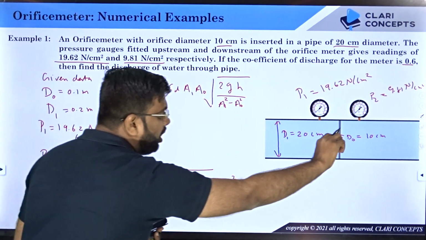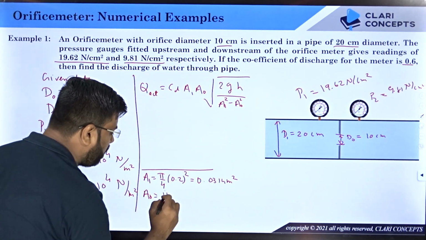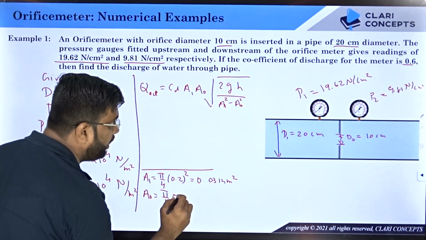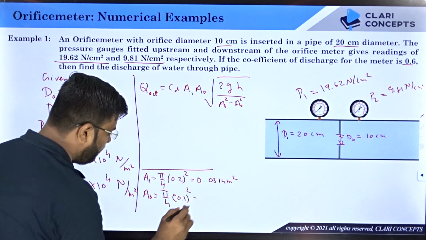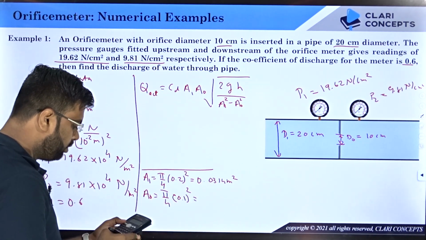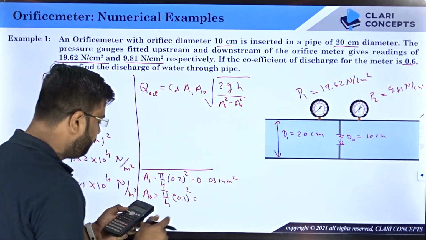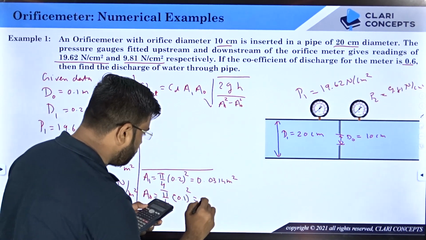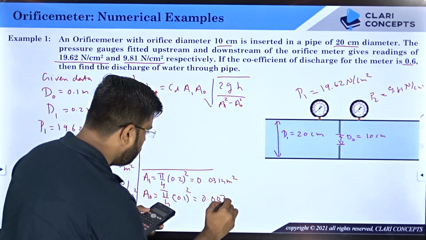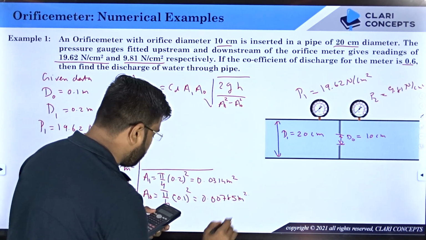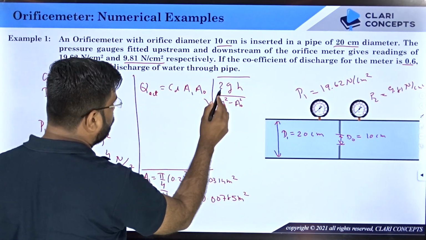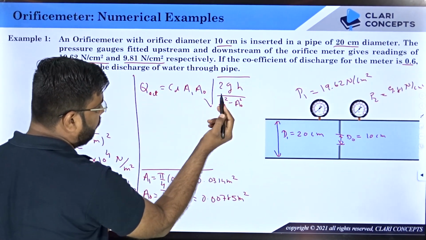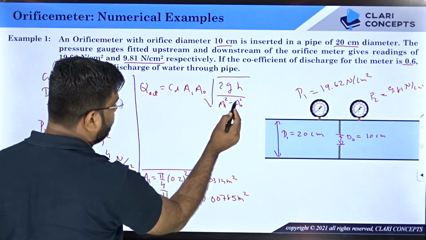AO is pi by 4 DO square, the cross-sectional area of the orifice. DO is 0.1, so this is pi by 4 into 0.1 square, which comes out to be 0.00785 meter square. Then G is 9.81, we all know the value. What is H?